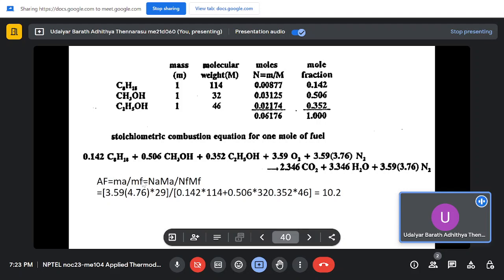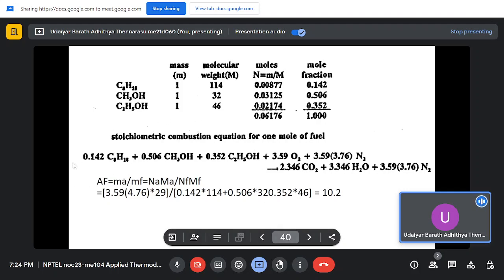So air fuel ratio is mass of air by mass of fuel. We write it in terms of mole numbers and molecular weights. The mass of air is 3.59 times 4.76, oxygen plus nitrogen, times 29, divided by the summation of the mole numbers times the molecular weight of each component: 0.142 of isooctane times 114, plus 0.506 of methanol times 32, plus 0.352 of ethanol times 46.